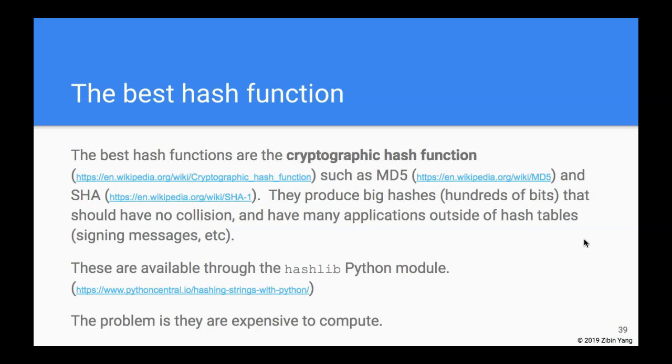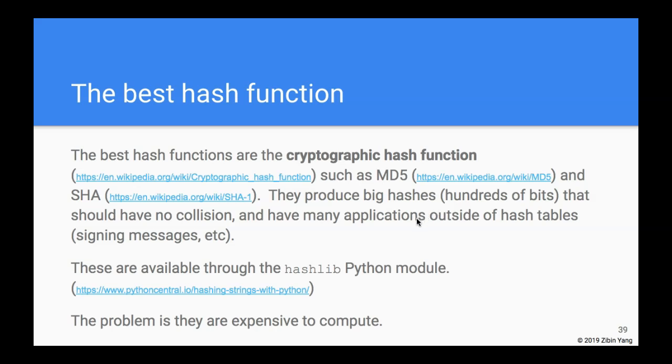The best ones are really what are called cryptographic hash functions. You might have heard of them before, such as MD5 or SHA-1, etc. Their hash output is huge, hundreds of bits, and it's almost guaranteed that they have no collisions.